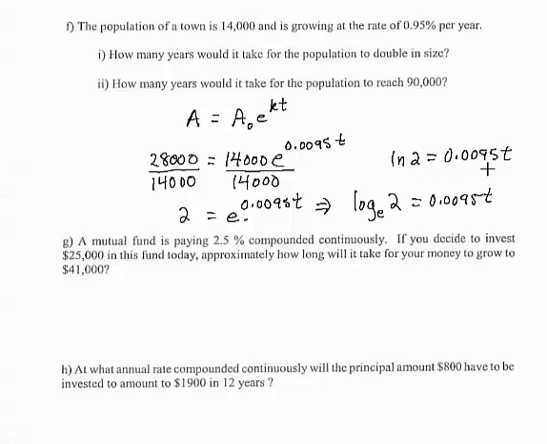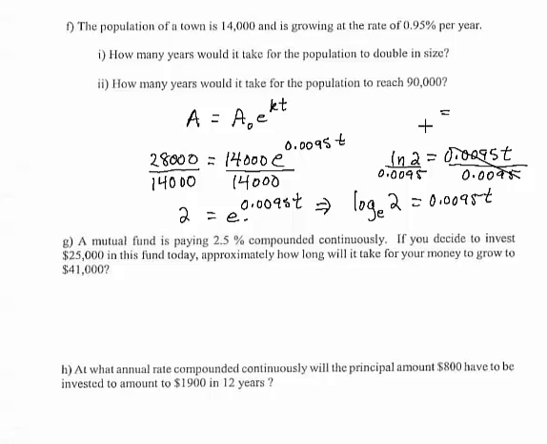So how do we solve for t in this case? Well, we would simply divide both sides by 0.0095. The 0.0095 would cancel on the right. I'm sort of working my way up to the top here.